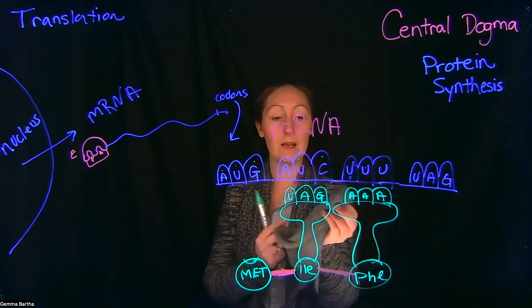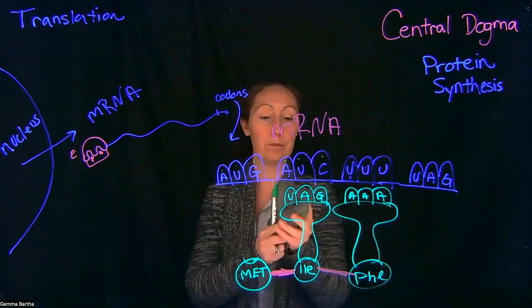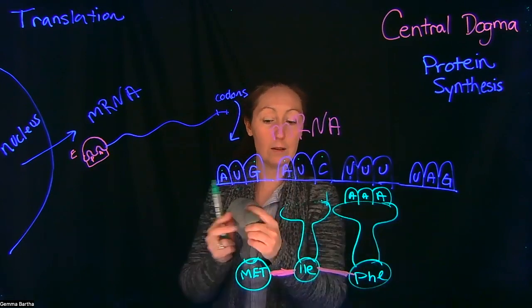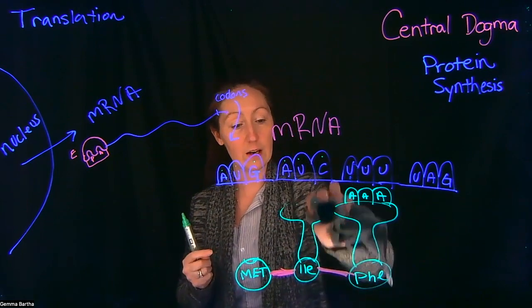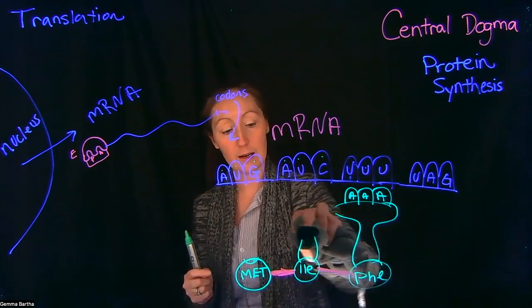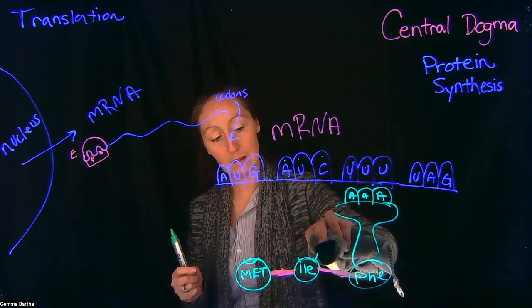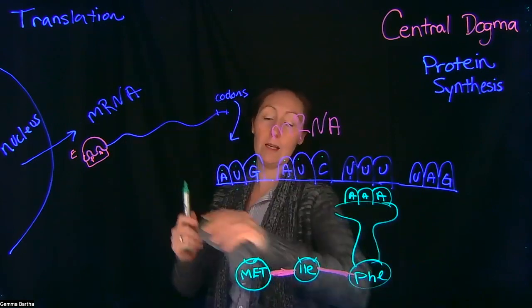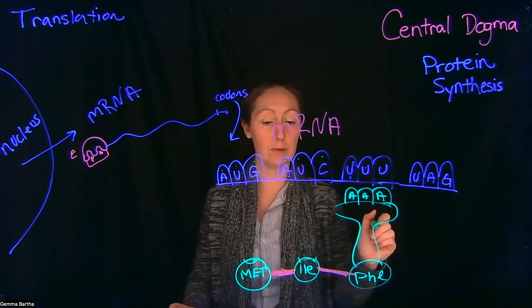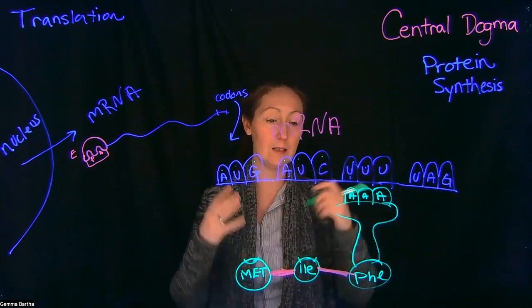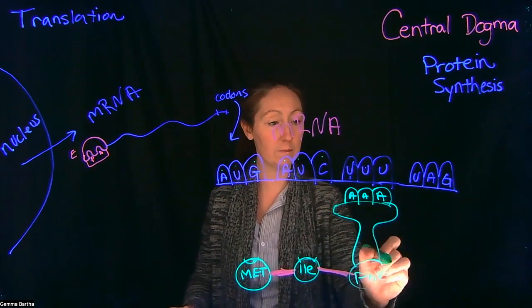And now we're in the E site as it's getting pushed through. And so we get to erase this tRNA, though it's actually not being erased. It's being ratcheted out into the cytoplasm to pick up another amino acid and do this job all over again.